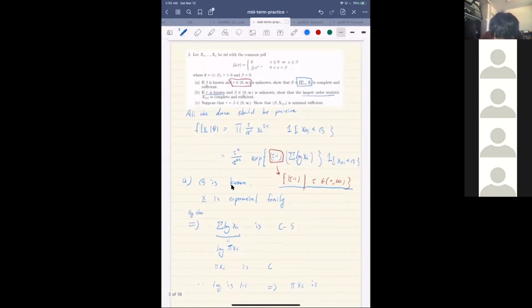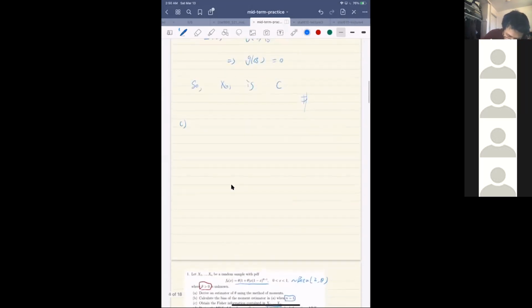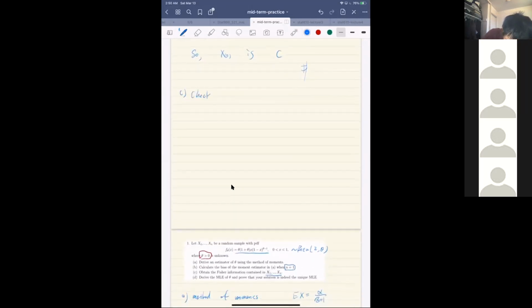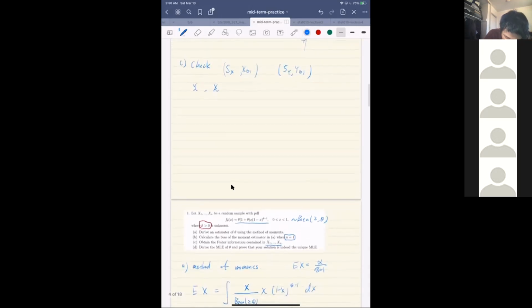In this case, we have to apply a theorem. The theorem says that if we have Sx, Sy, and Yn, and we want to show that the ratio of the densities of y and x is independent of the parameter if and only if these two statistics are the same.